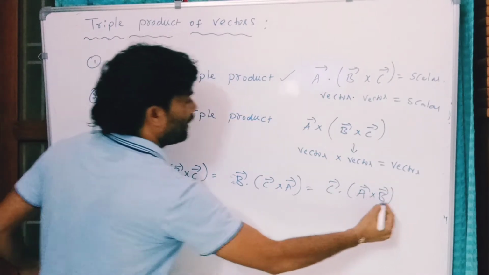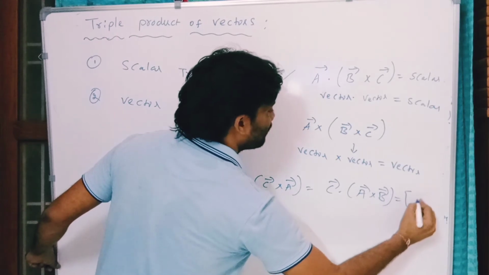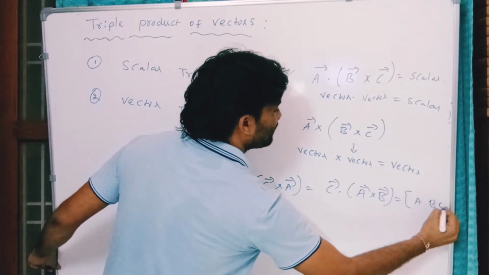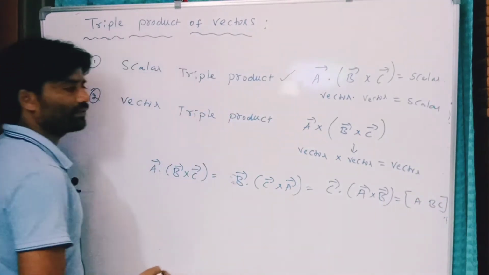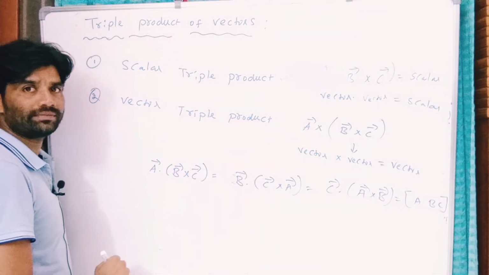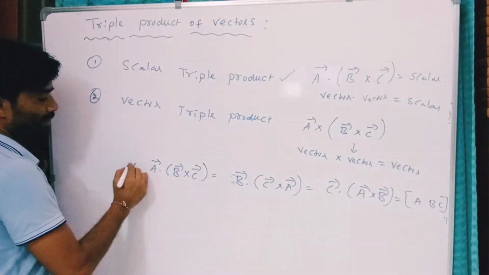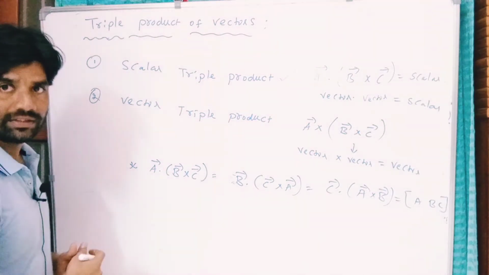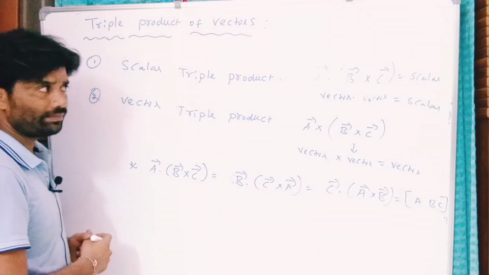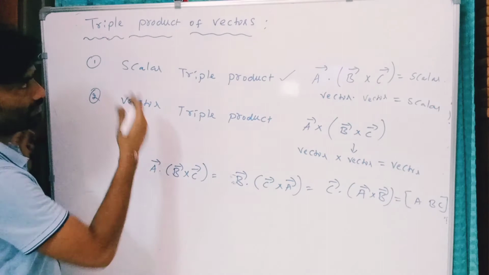This is the same, and you can say this is simply box of ABC. Scalar triple product is called box of ABC. So I'll explain how to get this scalar triple product and the application of this scalar triple product.